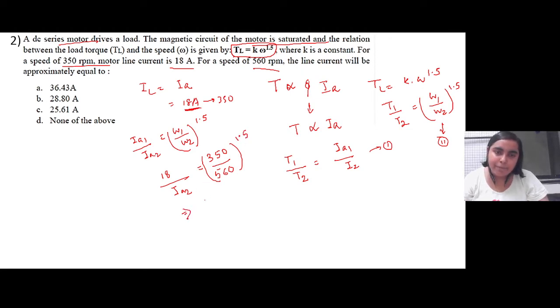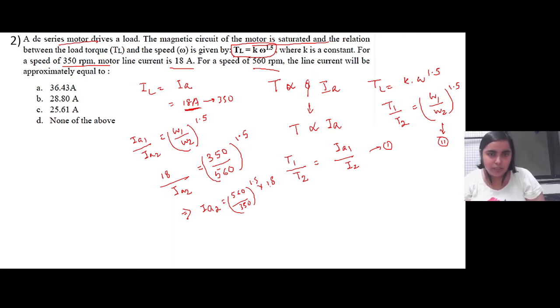So we can now calculate Ia2. It is 560 by 350 to the power 1.5 into 18. So let us calculate this: 560 divided by 350 to the power 1.5 into 18.